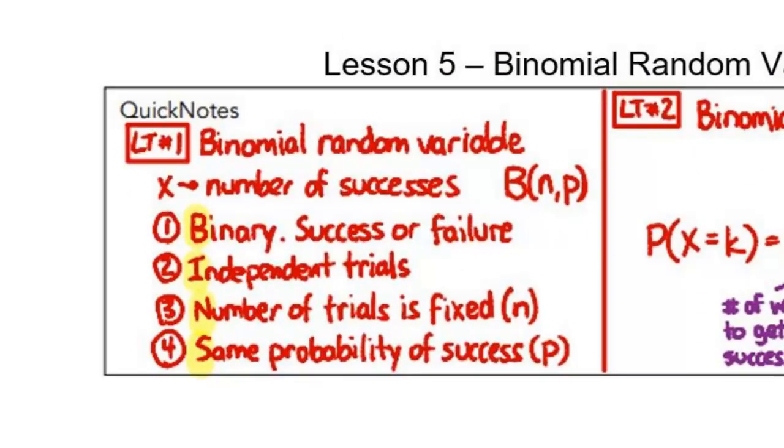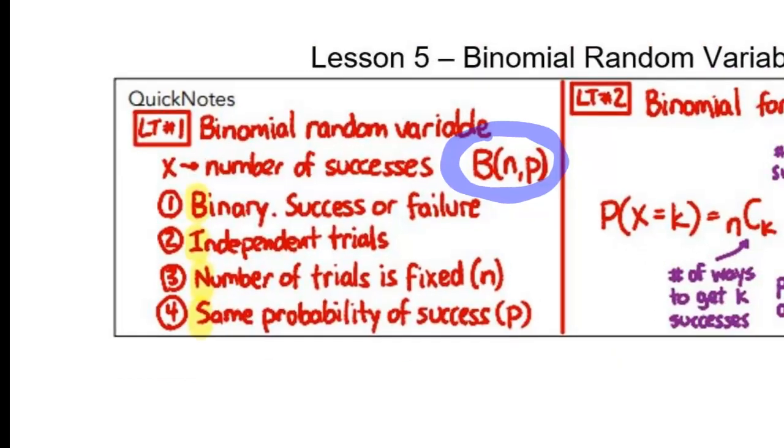So binomial random variables. X is my number of successes. Do you guys remember how we do the N with the mean and standard deviation inside of parentheses for normal distributions? For binomial distributions, we use a capital B, that means binomial, and then we have n and p, our fixed number of trials and our probability of success inside the parentheses.